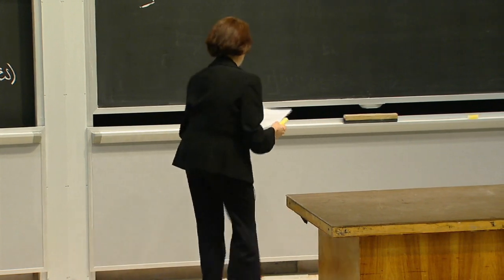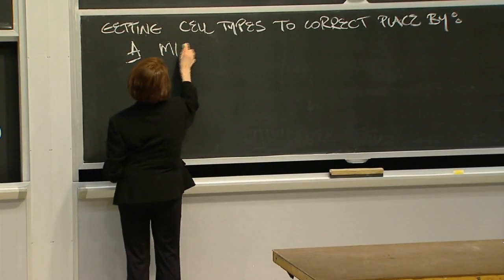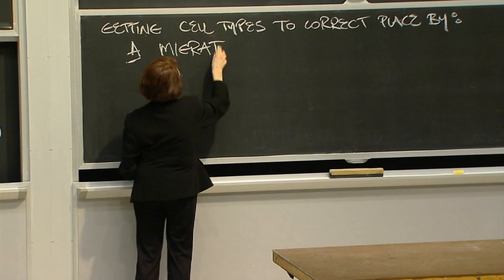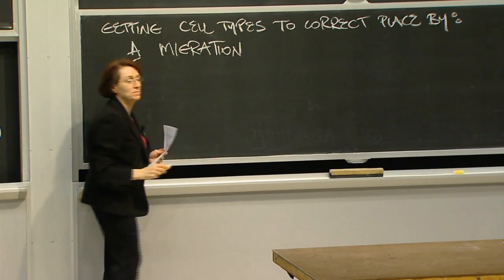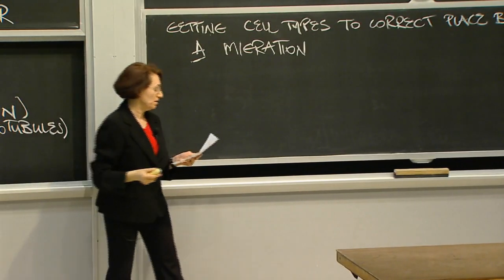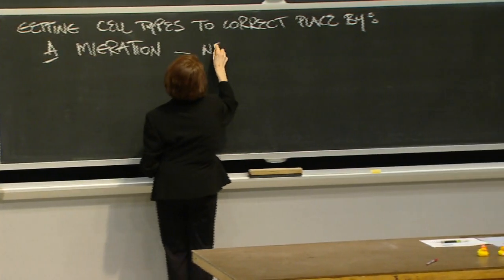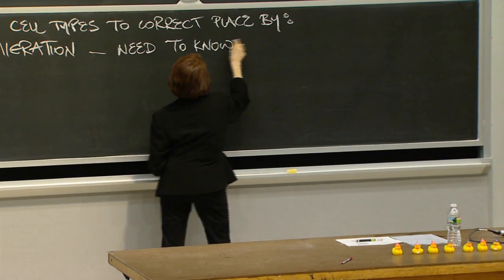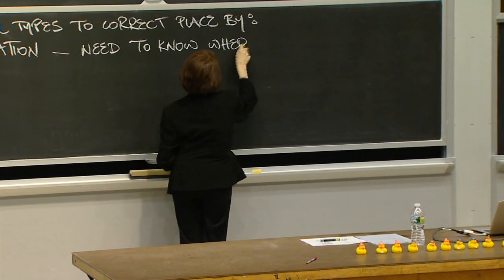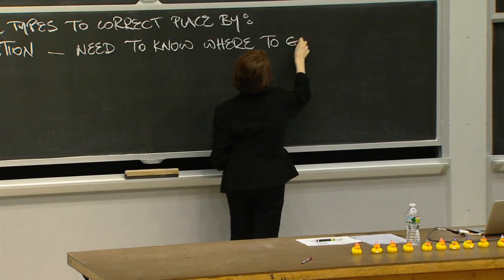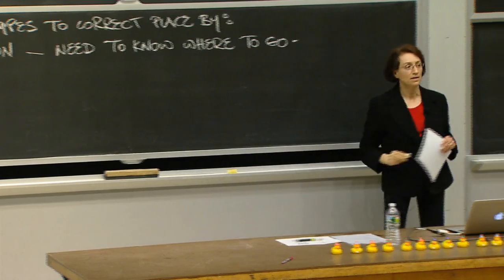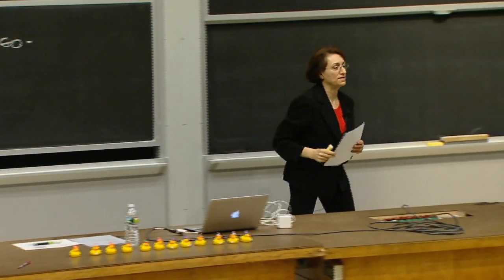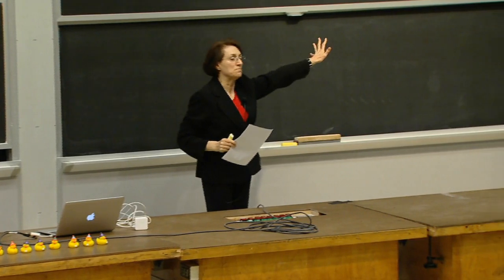That process would be migration, where the cells come from all over the place to build the organ. The cells need to know where to go, and that just pushes the problem back one. But the great example of cell migration is the limb.